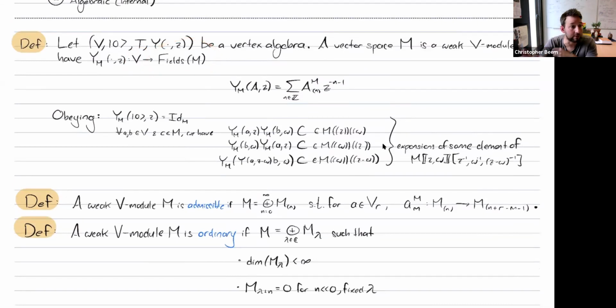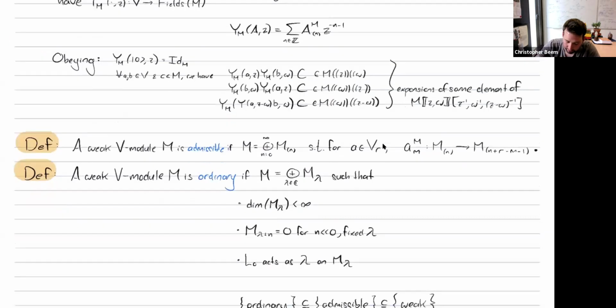This is the picture you would expect from cartoons in physics. You have some module sitting here, and elements of your vertex algebra can come hit it, but it stays the module. So given an element of V, you get a collection of endomorphisms of M, not of V.